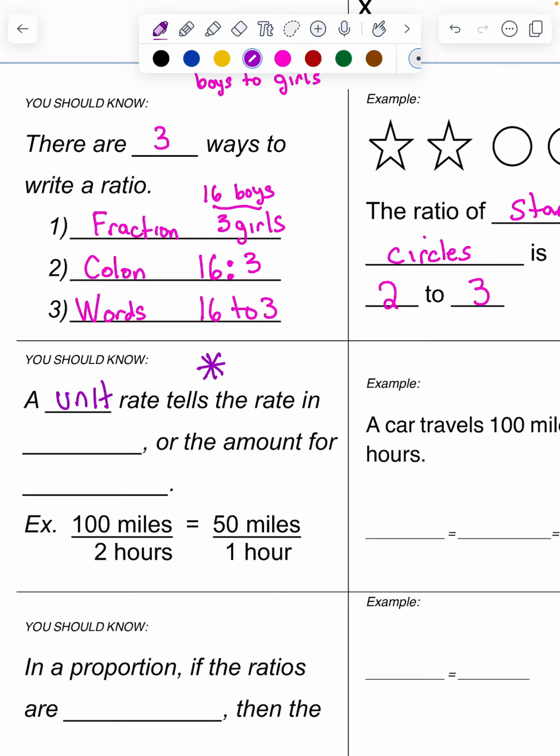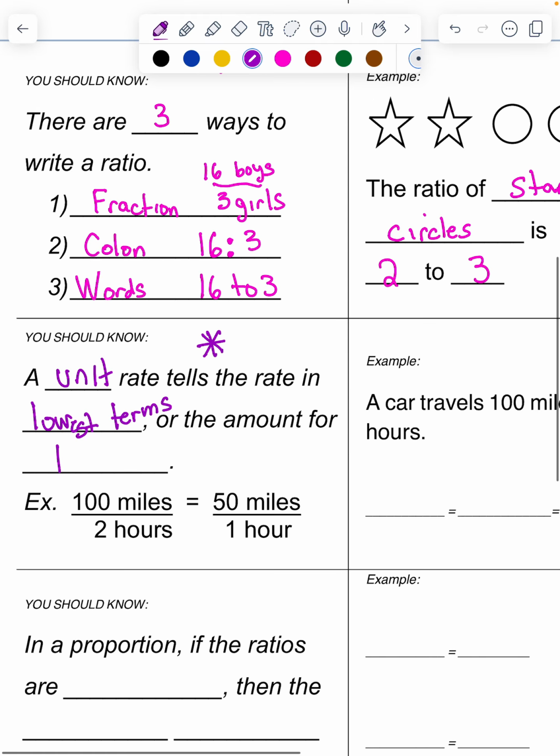A unit rate tells the rate in the lowest terms, or the amount for 1. 100 miles for 2 hours is a fraction of 100 over 2. It can be simplified to 50 miles per 1 hour. This is considered a unit rate because of the 1 hour.